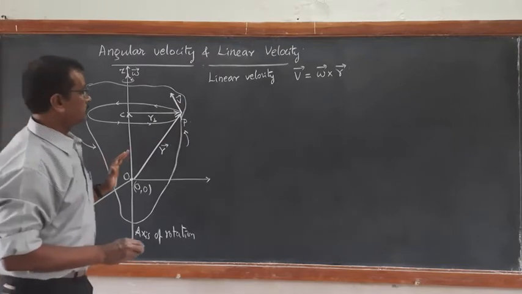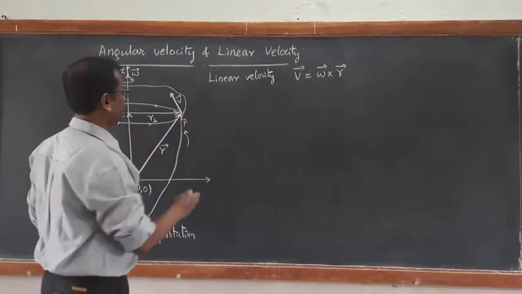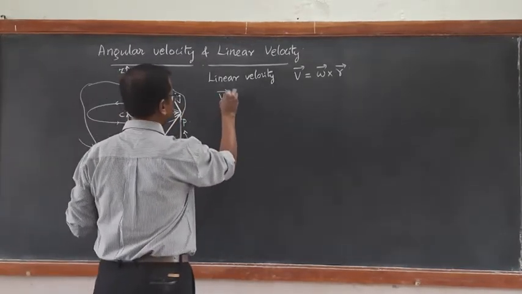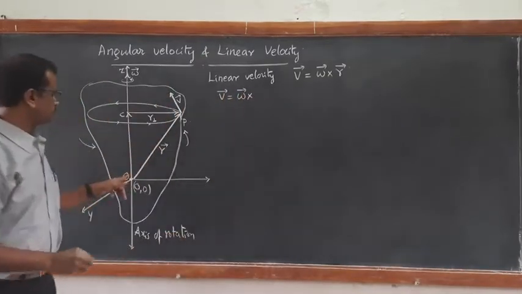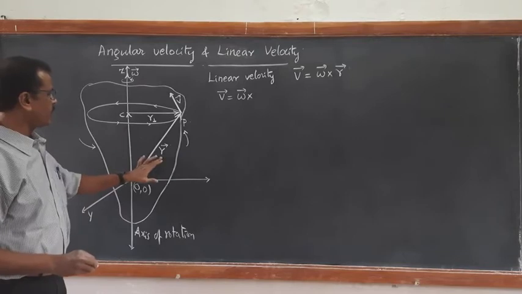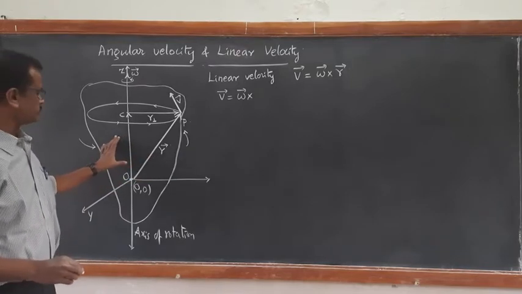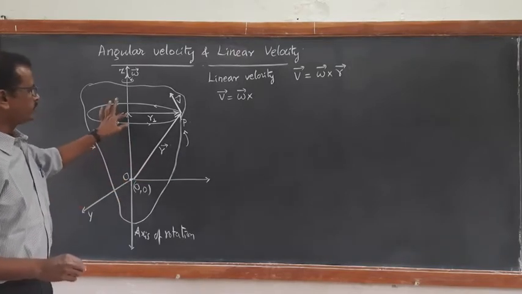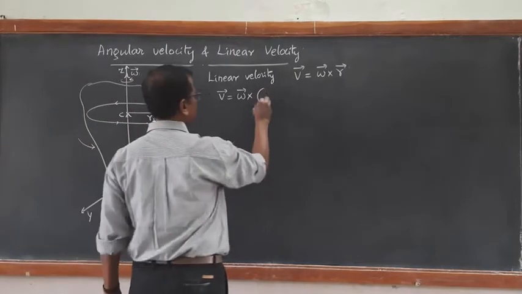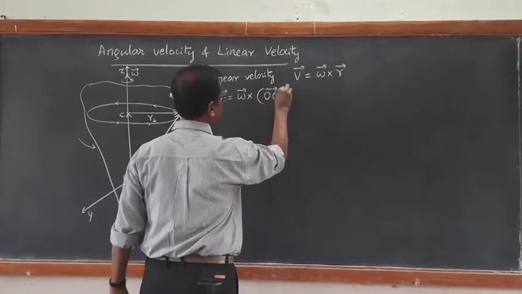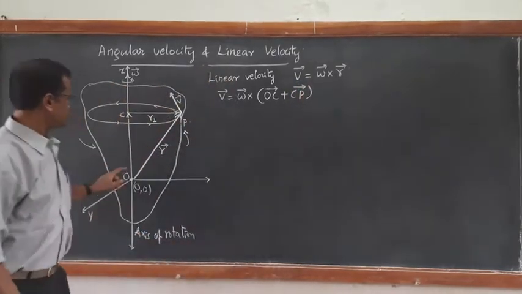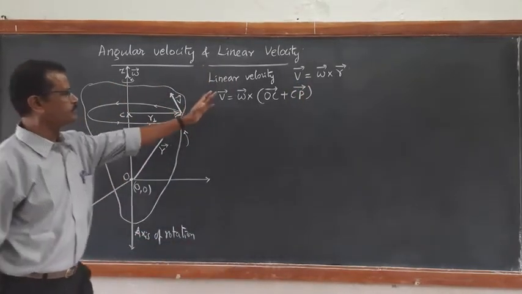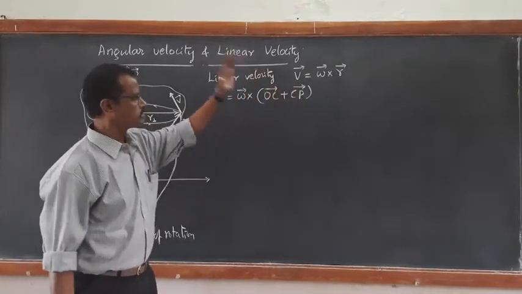Now from this, let us write what v is. Vector v is equal to omega cross r. What is r from the diagram? Using the triangular law of vector addition, I can write it as OC vector plus CP vector, because we have to define in general omega cross r.